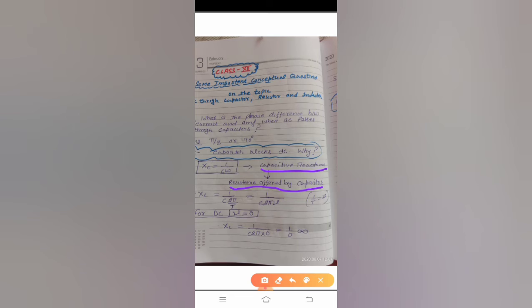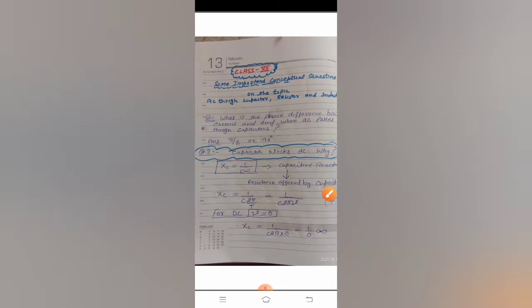So let us do it mathematically: XC is equal to 1 upon C omega. What is omega? It is 2 pi upon T. So XC is equal to 1 upon C times 2 pi upon T. Students, now you know that 1 upon T is equal to frequency. So it will change into 1 upon C 2 pi nu.